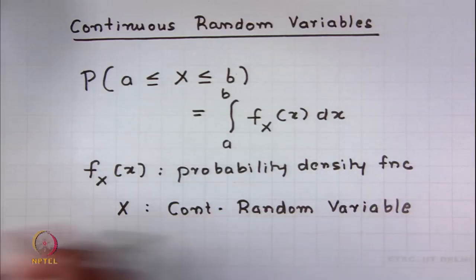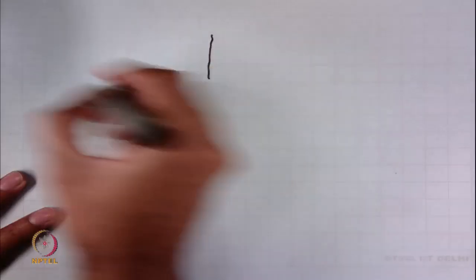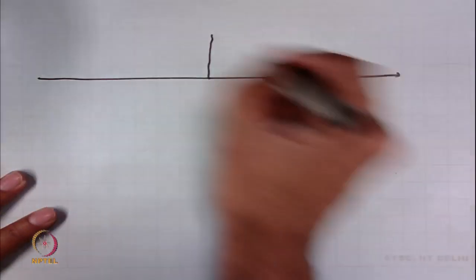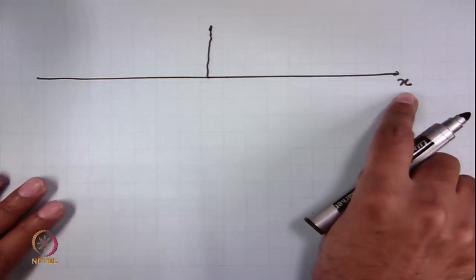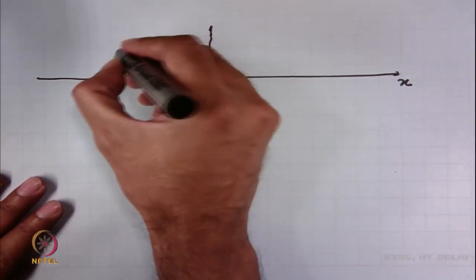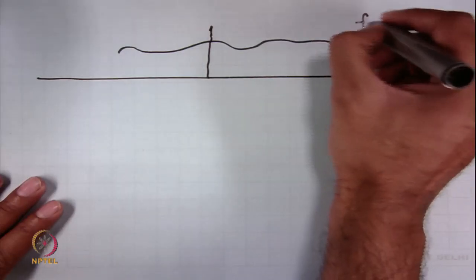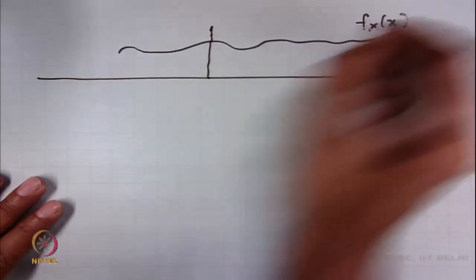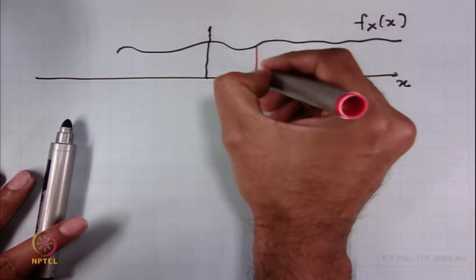All right. So, let us see what this all means. Let us take an example of a probability density function. On the x axis I have the numerical values that the random variable can take, and on the y axis I have some probability density function. And let us mark the limits a and b.